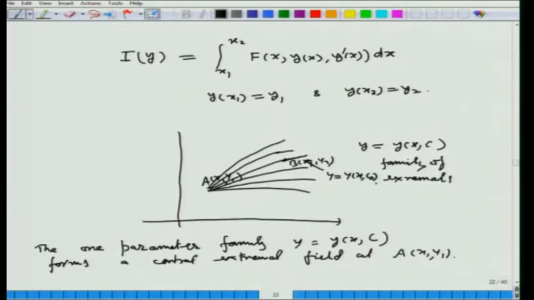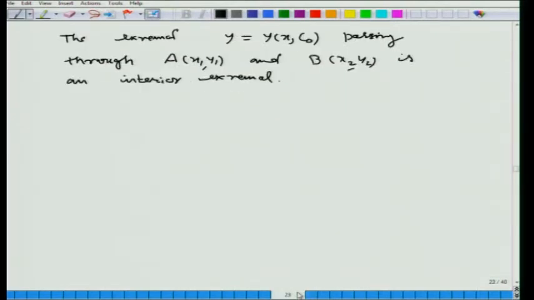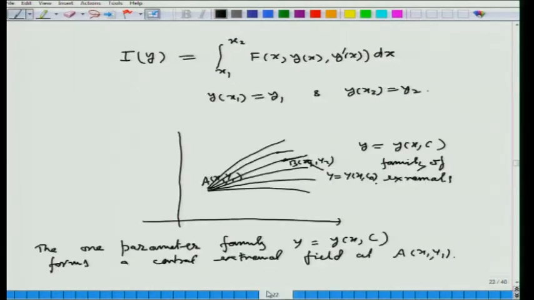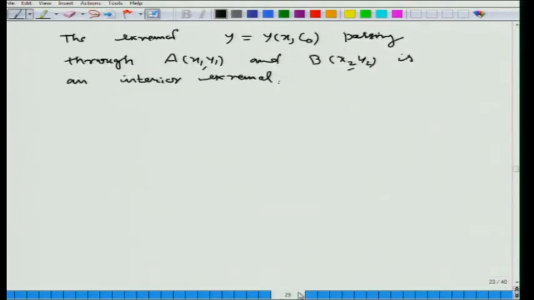For the fixed value of c equal to c 0, we have this extremal passing through these 2 points A and B, and this extremal is not on the boundary. So, it is an interior extremal, and this family of extremals forms a central field at the point A.